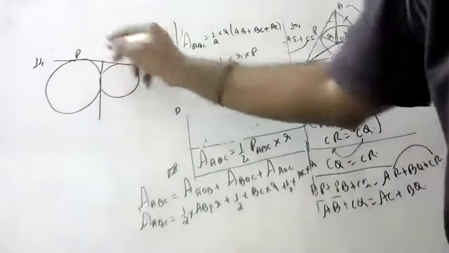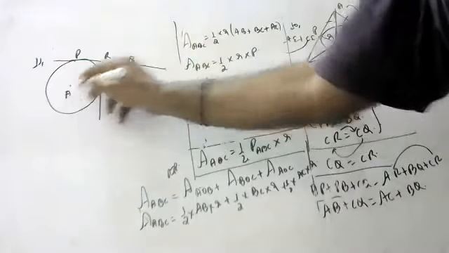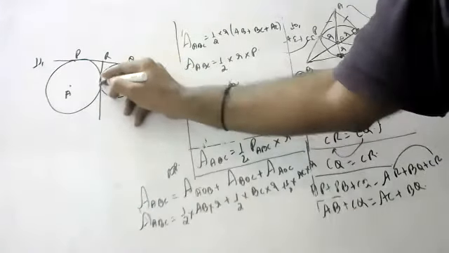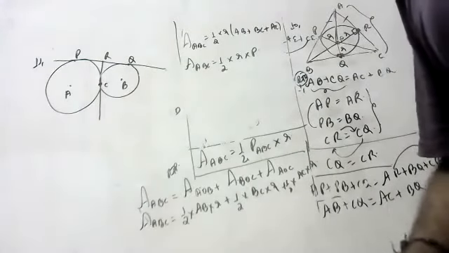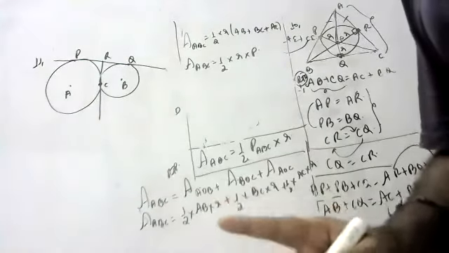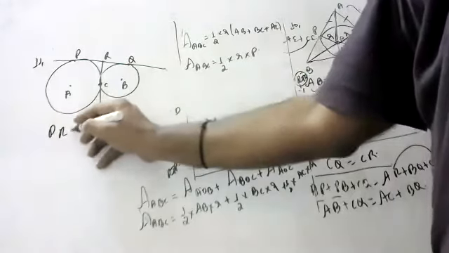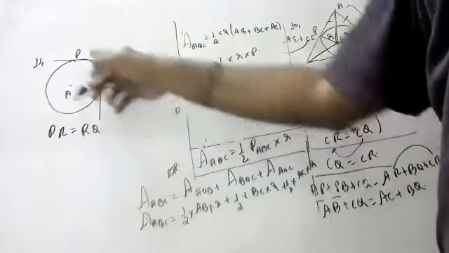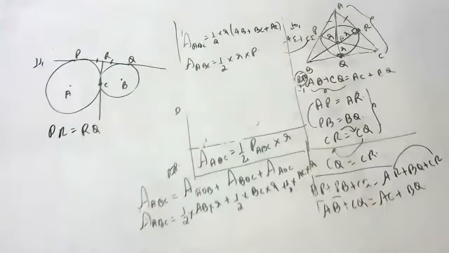This is P, this is R, this is Q, this is A the center, this is B the center, this is C the common point. Prove that the common tangent of the circle at C bisects the common tangent at P and Q. He is asking to prove that PR is equal to RQ.